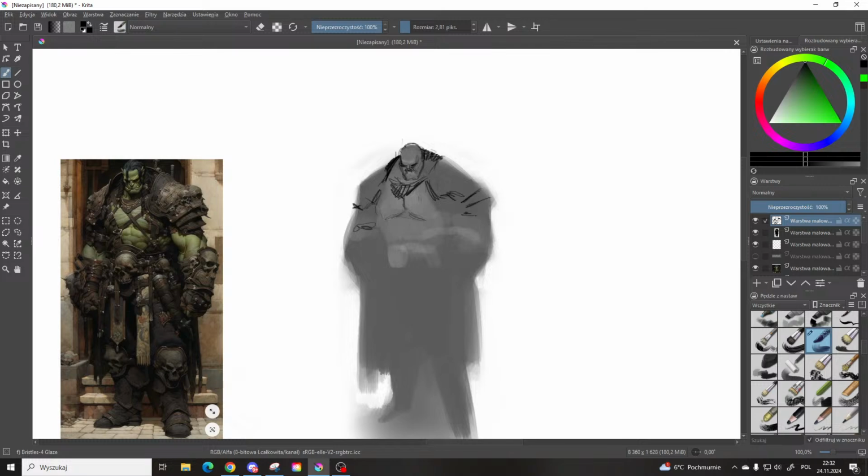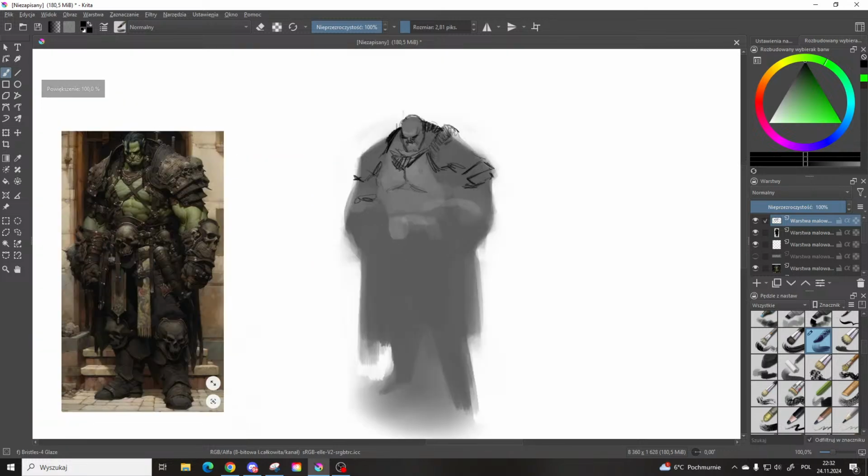Maybe what I'm imagining is not really good, and that's why it doesn't work. And sometimes you just look for a different pose, and it works instantly. So don't stick to one idea.